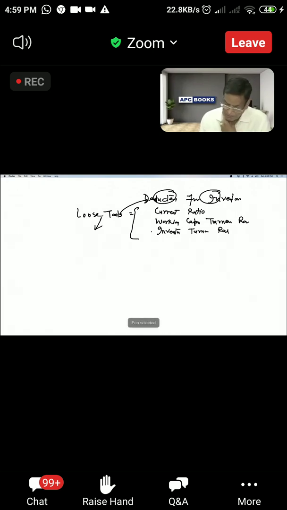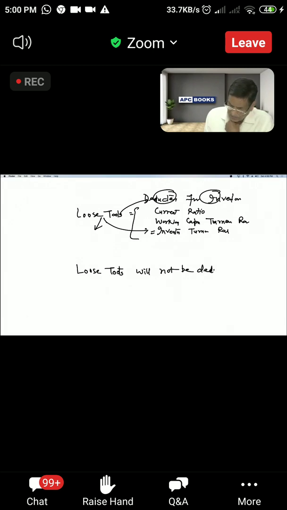But loose tools will not be deducted from inventory. Please write down this line, it's very important.